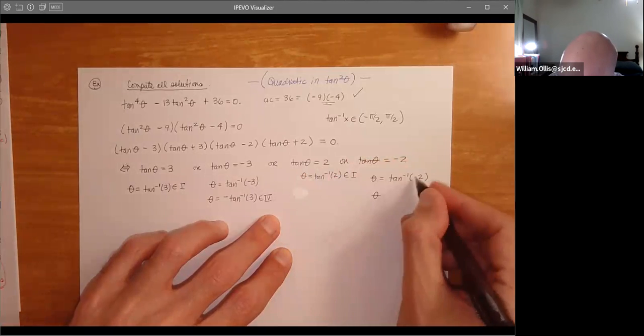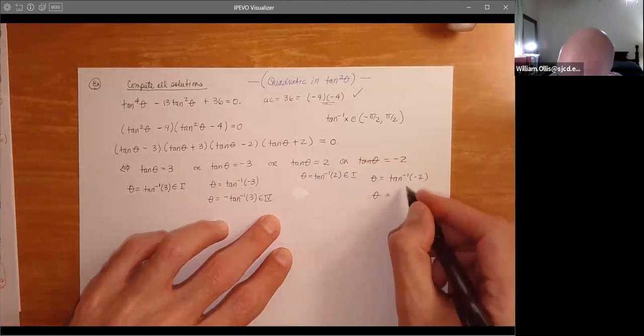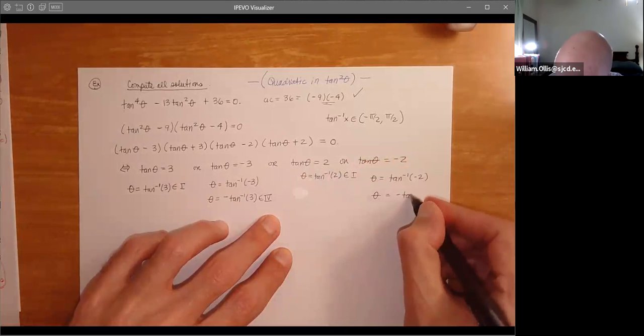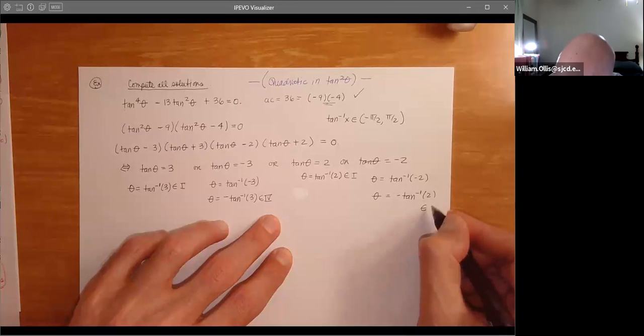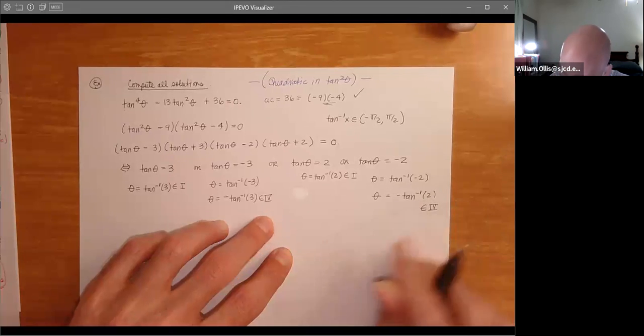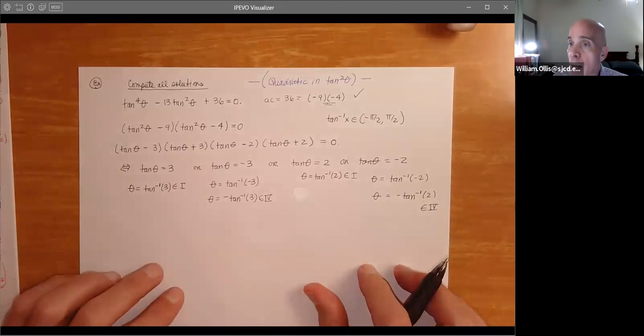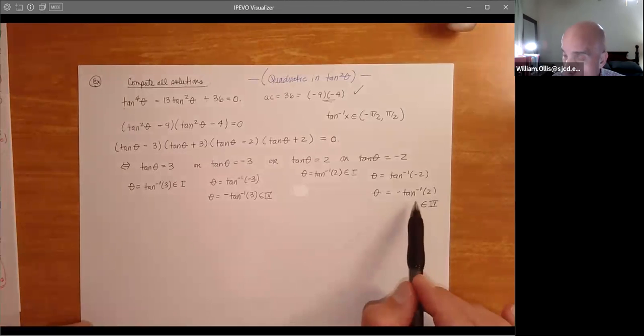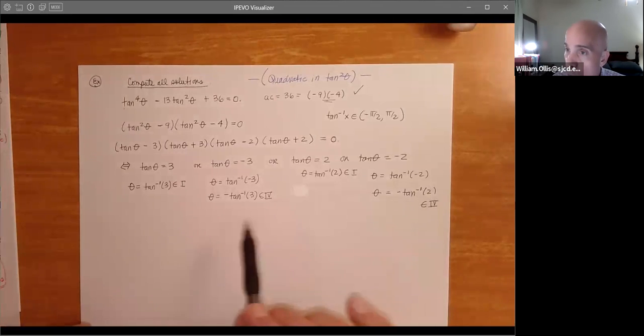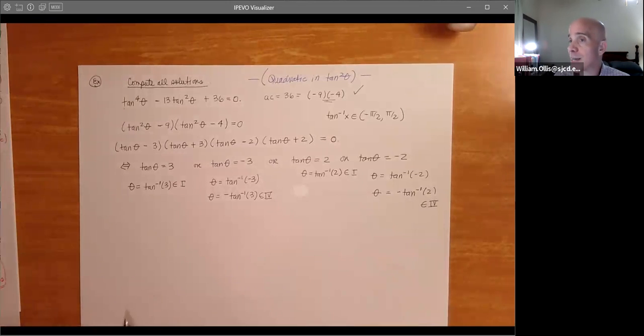And of course, we can factor the negative because the inverse tangent is odd. So we get negative inverse tangent of 2. And of course, this is in the fourth quadrant. Now, these are all incongruent mod pi. Okay, so again, we don't have to push this into the 0 to 2 pi. We're not required to do that. It wasn't specified that the solutions had to live in a particular region, even though we could easily do it.